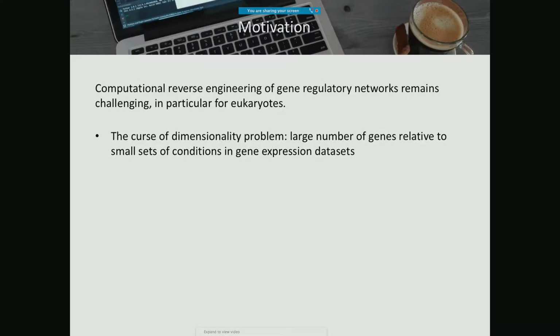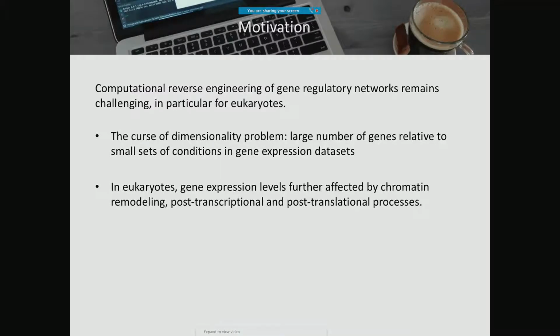Several things have been pointed out that make gene regulatory network inference difficult. So one, for example, is what is known as the curse of dimensionality problem, that we often have a large number of genes versus a small number of conditions, which is a particular problem if you want to go for condition-specific networks.